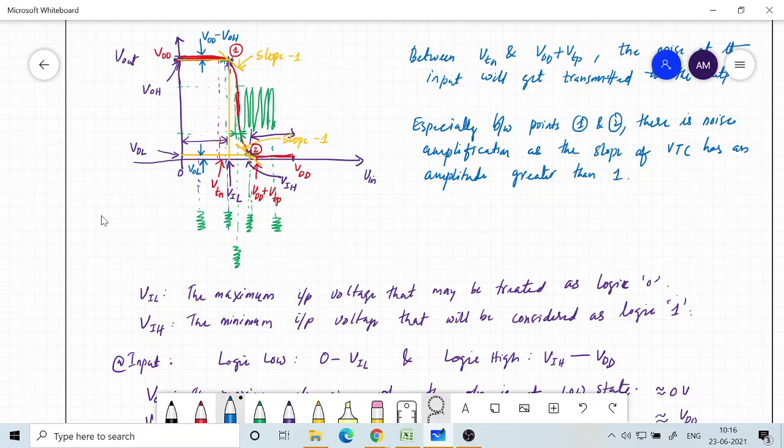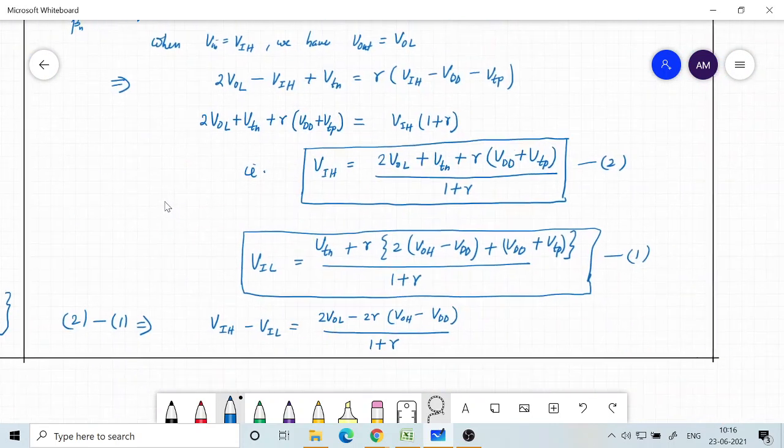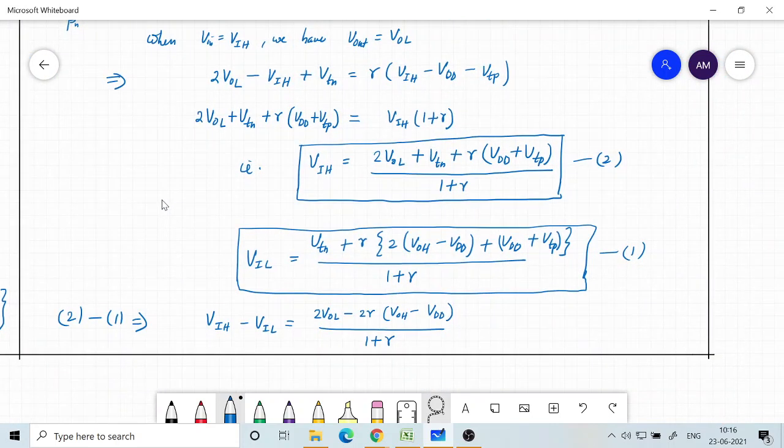For a symmetric CMOS inverter, they will be the same. So this can be written as 2 VOL, and this is 2R into VOL minus 2R into VOL by 1 plus R. Sorry, this is plus.